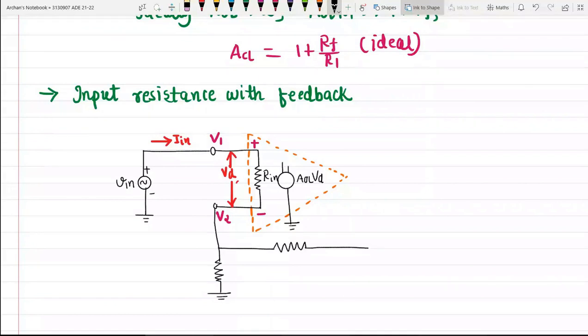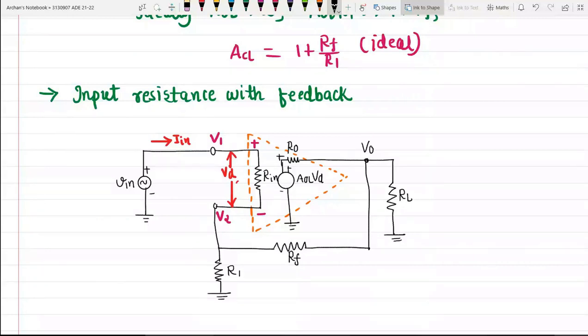To the voltage source there is one output resistance connected in this manner, and this is my output pin where we measure output voltage V0. The feedback resistance is connected in this fashion, and we are measuring output voltage across the load resistance RL. You can consider this a simple equivalent circuit.